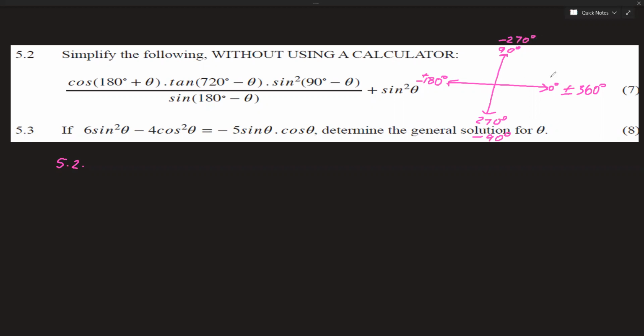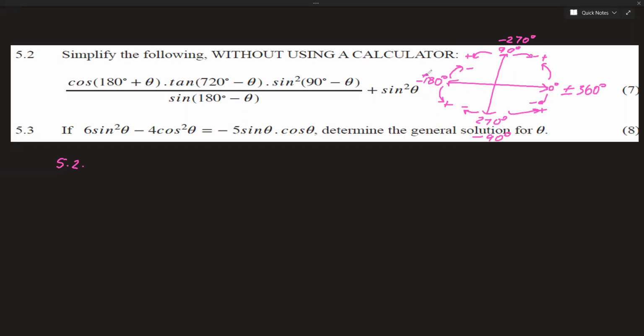Then the other most important thing to remember is if we go anti-clockwise, we count our angles as positive. Then clockwise, you count your angles as negative.